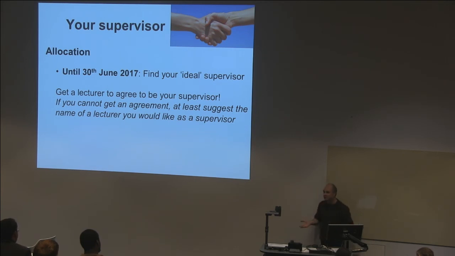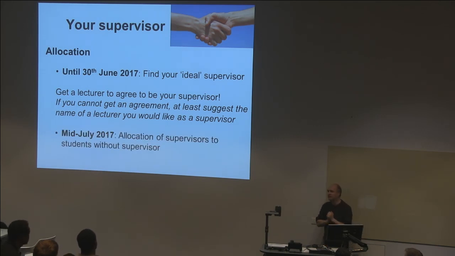And I will try to do my best. Okay? But obviously, people who have an agreement have the priority. In any case, by 30th of June, I will have received your agreements, your desires, and some people don't send me anything, okay? That's fine.